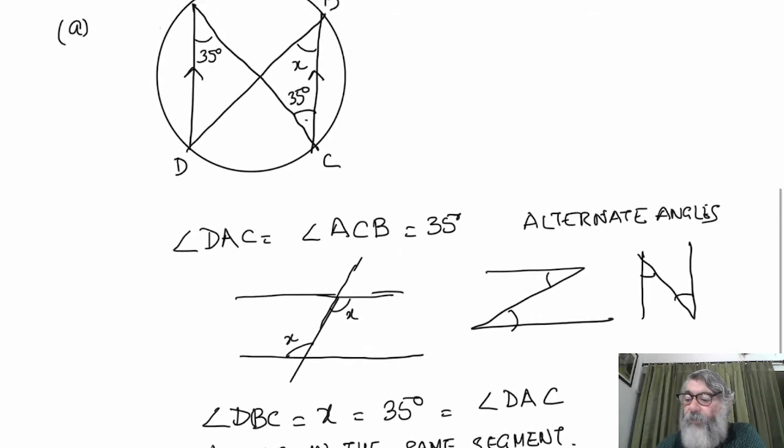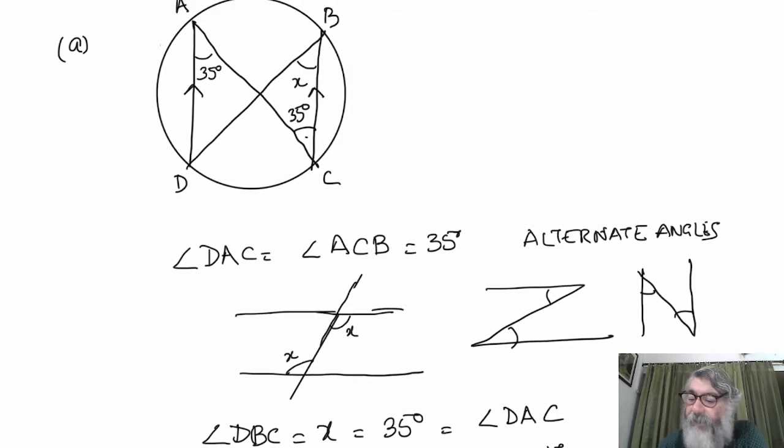And when they have come out 35, then angles in the same segment. If I join D to C, then DABC becomes one segment, with base DC. Two triangles are formed, DAC and DBC, and both have got the same base, which is the chord of the circle.